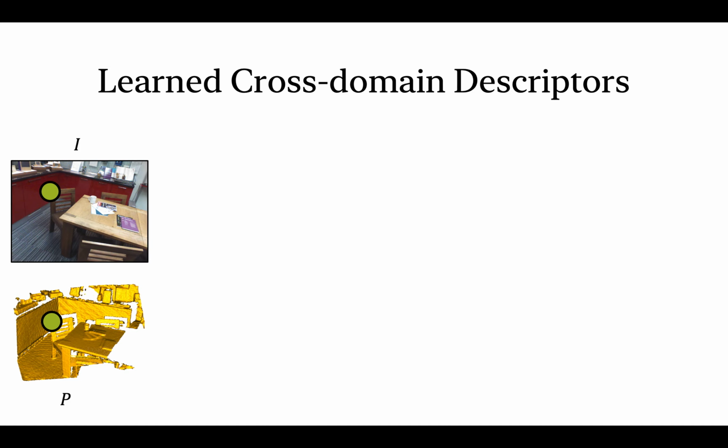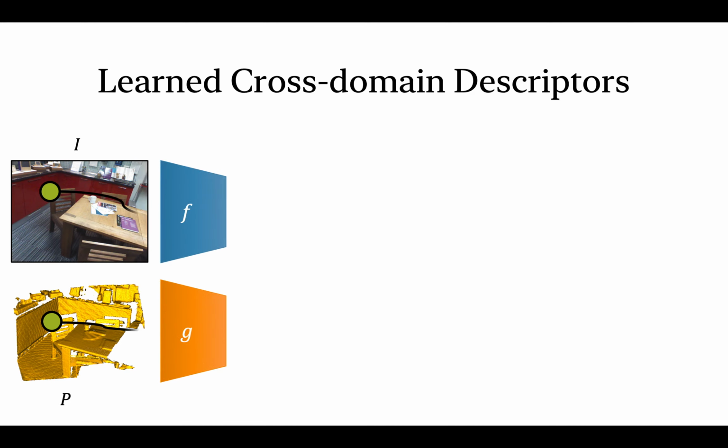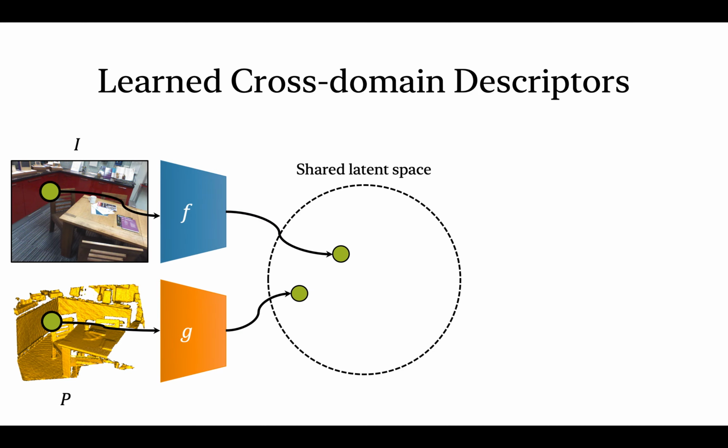Our goal of learning a cross-domain descriptor is to find two mappings F and G that map the 2D and 3D data into a shared latent space. If Y and P are correspondences, we want their embeddings to be as close as possible. On the other hand, if Y and P are not a match, then we want to push the embeddings further away from each other.